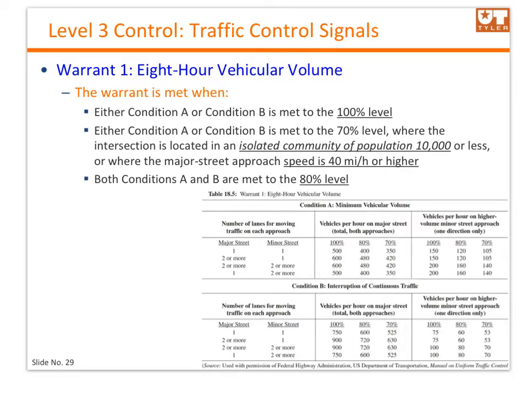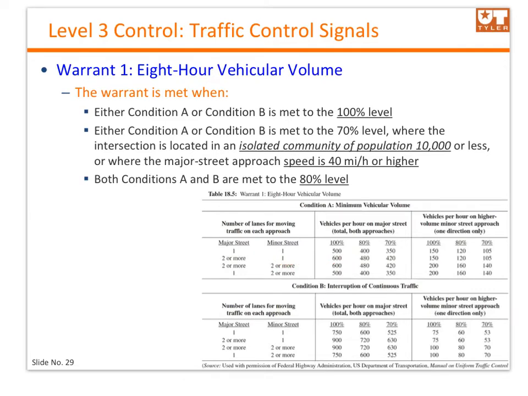So for example, let's say I have 2 lanes or more on the major street and one lane on the minor street. We need to know the amount of vehicles on both. Let's say the major street has 500 vehicles, and the minor street has 150 vehicles. So we go to 2 or more, and 1, which is the second case.